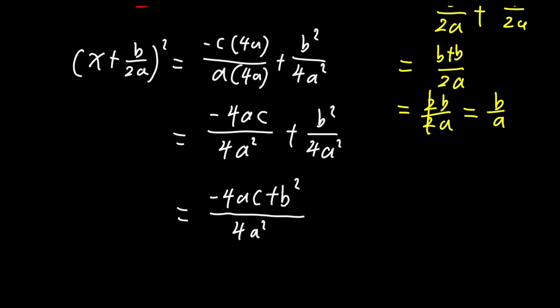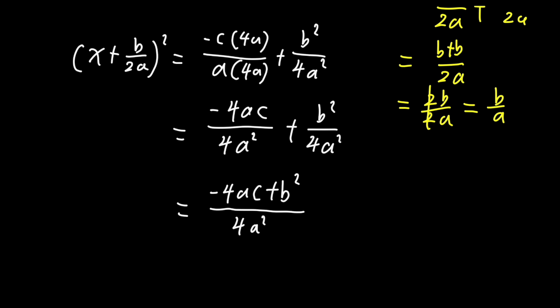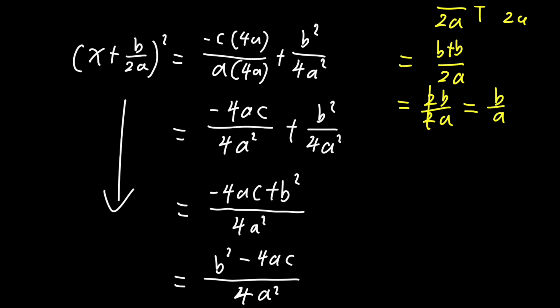It does not change the value at all. It's the commutative property. So it is b squared minus 4ac over 4a squared. And then on the left hand side is x plus b over 2a squared.